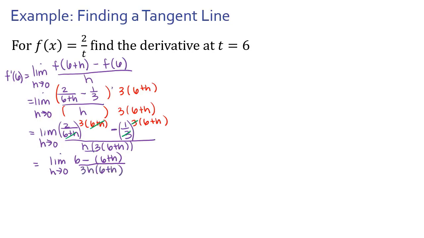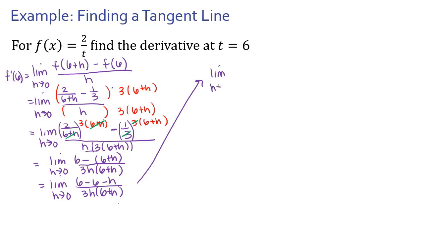I'm just going to combine these two. Okay, so now when I go to simplify this out, let's distribute that negative sign through. So I'm going to be left with 6 minus 6 minus h all over 3h times 6 plus h. Go over here, the limit as h approaches 0 of negative h over 3h times 6 plus h.